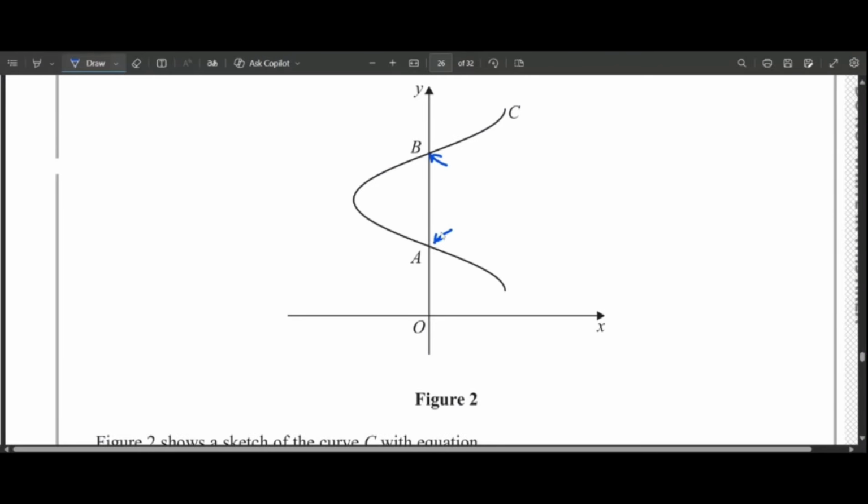What this means is that at these points x is equal to 0. We can use this information to find the coordinates for y.